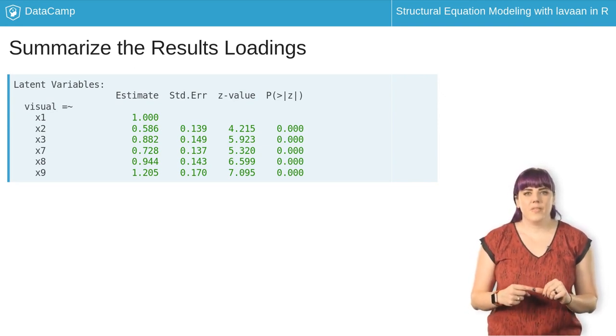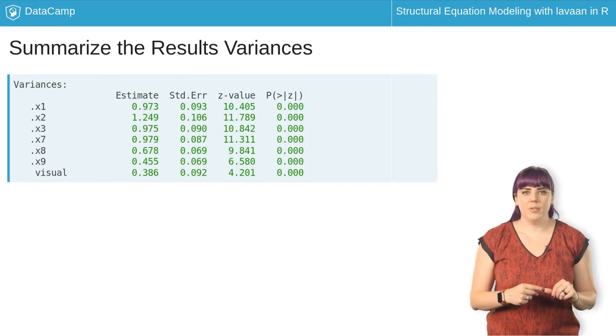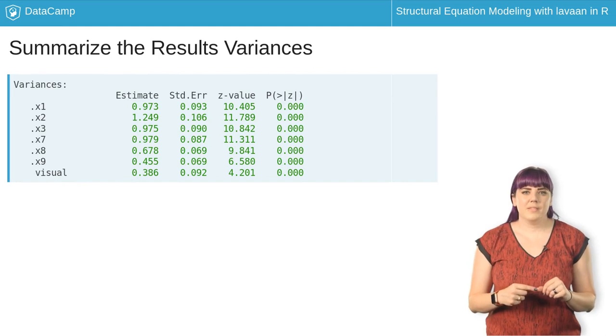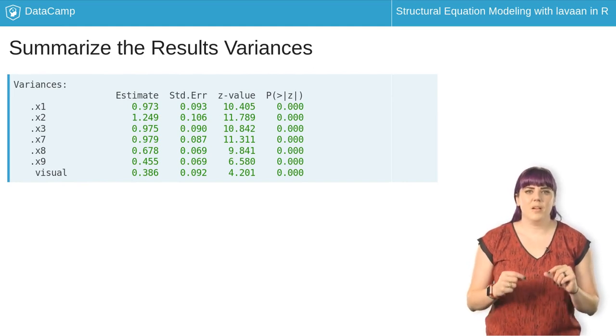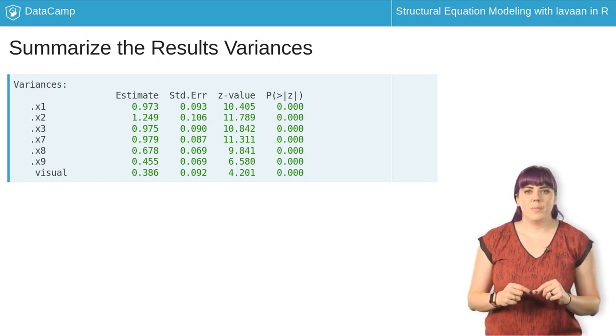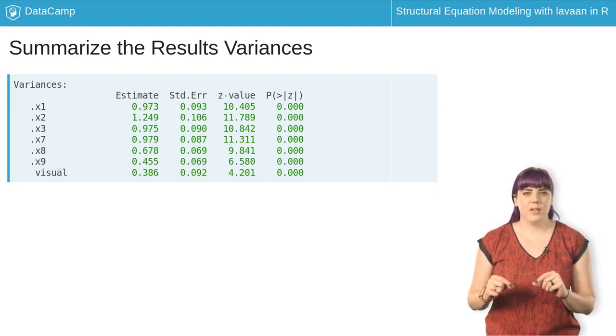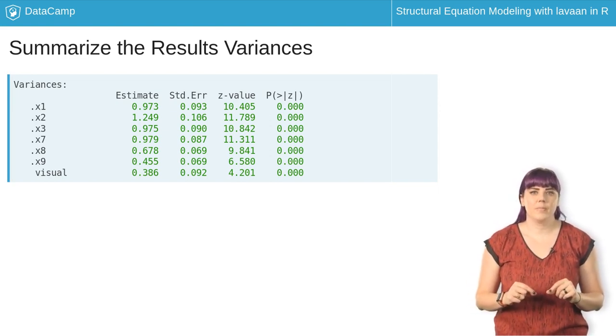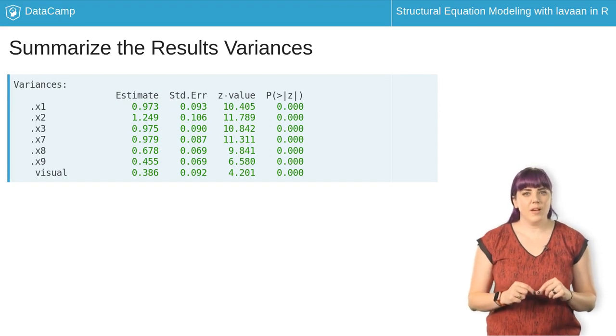For each manifest variable and the overall latent variable, you will get an estimate of the error variance. These variances are similar to the estimates of standard deviations for means or coefficients. All of these numbers should be positive, as variance calculations are squared values and therefore positive. In a future lesson, we'll cover how to troubleshoot models with negative variances.